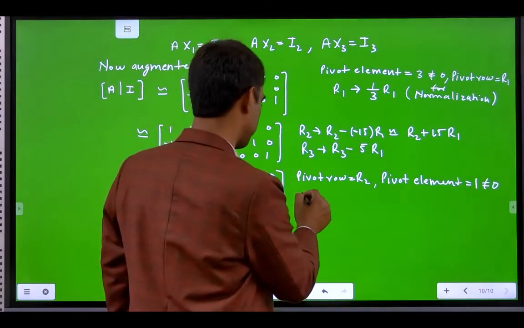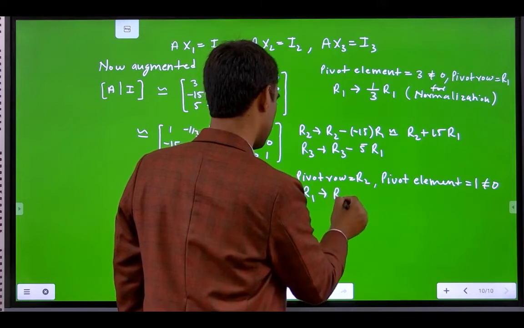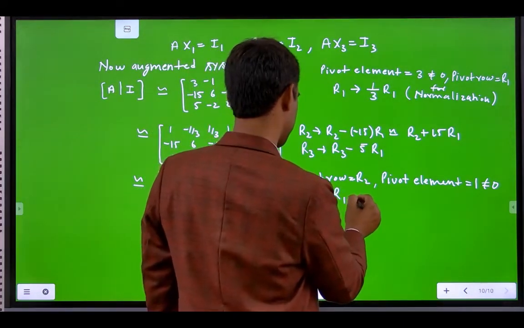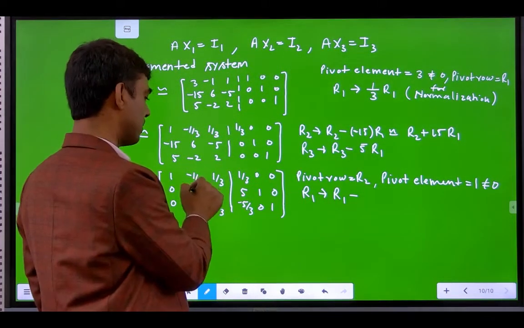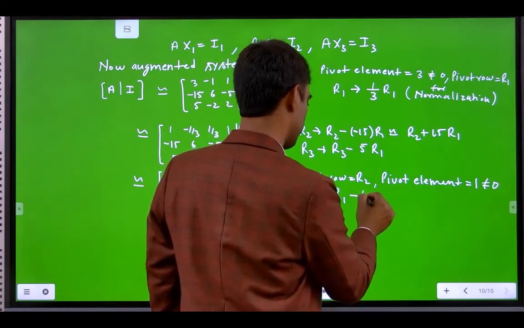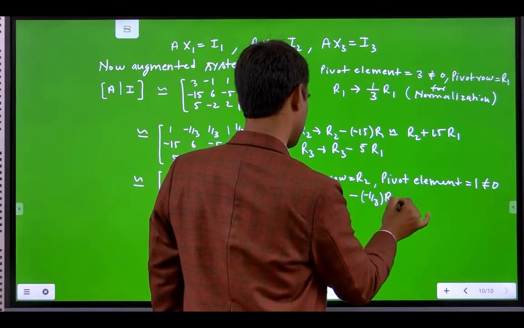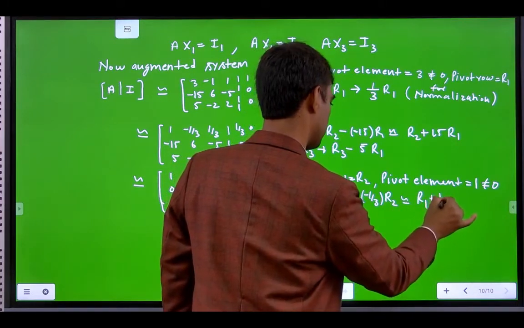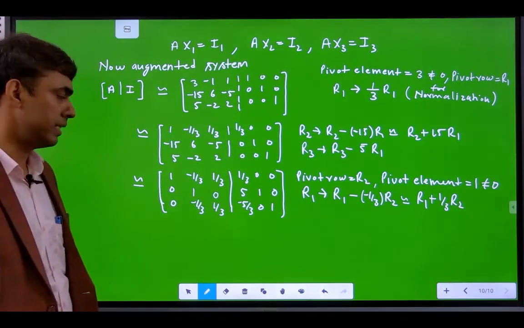For this, we perform the row operation R1 tends to R1 minus, here minus 1 by 3, R2, which is equivalent to R1 plus 1 by 3 R2.